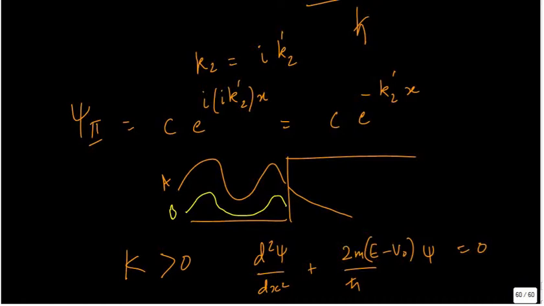This is what our Schrodinger equation is like, right? When E minus V naught is negative, that is E is less than V naught, then I get this particular case.